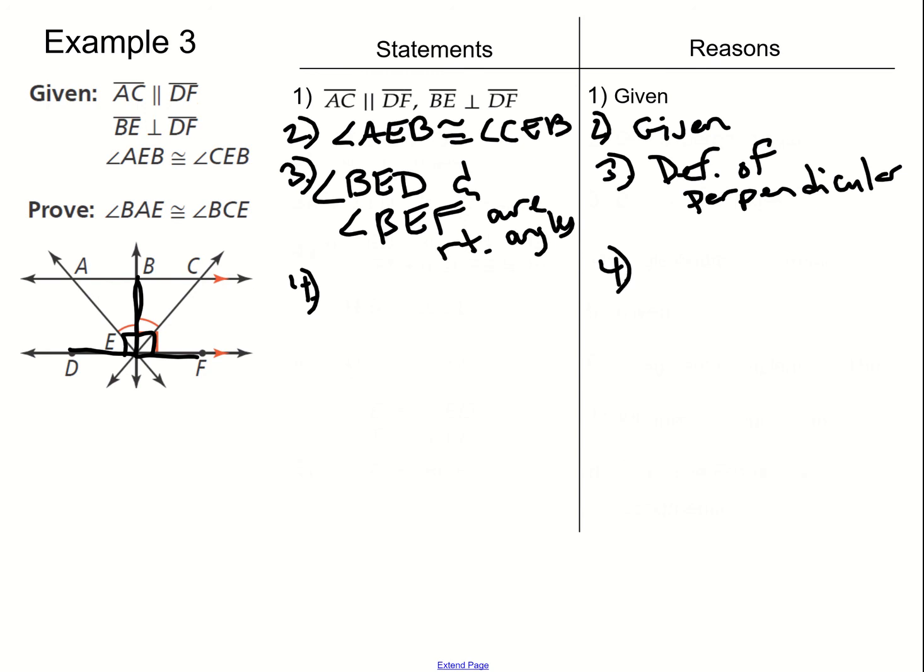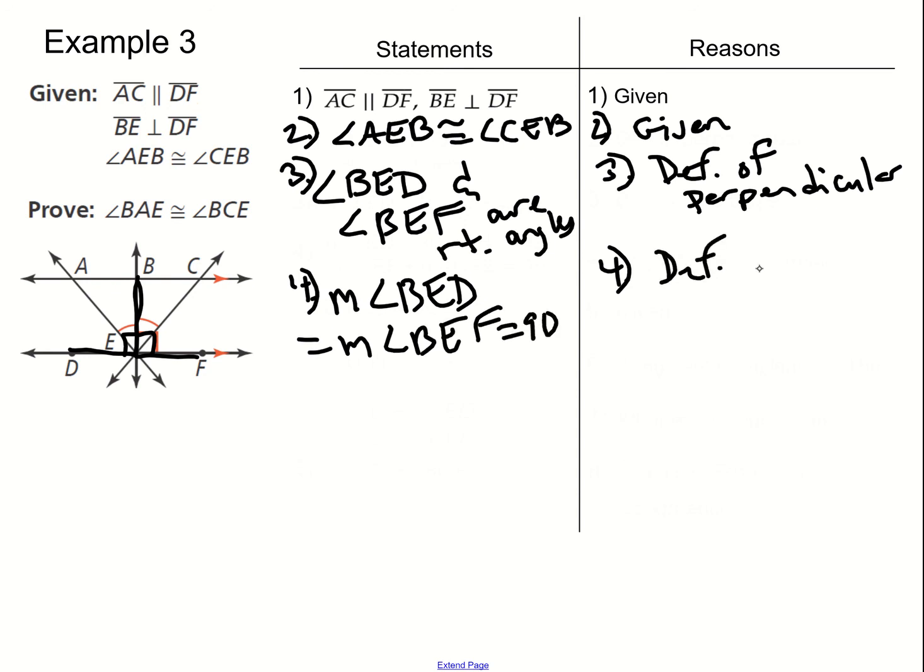And because they're perpendicular and because they're right angles, that means that they're equal to 90 degrees. So we know that the measure of BED, which is the same thing as the measure of BEF, is 90 because they're right angles, right? So we're going to say that this is the definition of right angles.